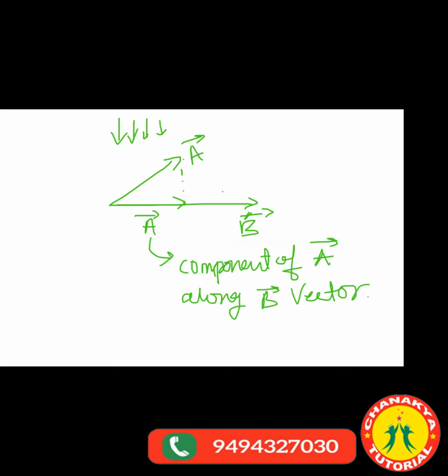Yes, sir. Let's say this angle is theta. Then what will be the component of A along B? A cos theta. So A cos theta is called the component of A vector along B vector. But there is one more component of A. What is that? A sin theta.